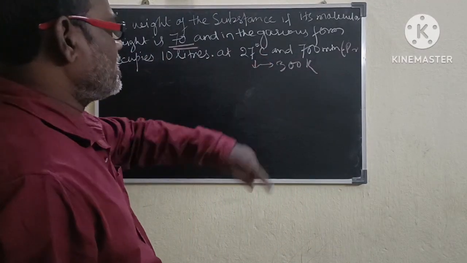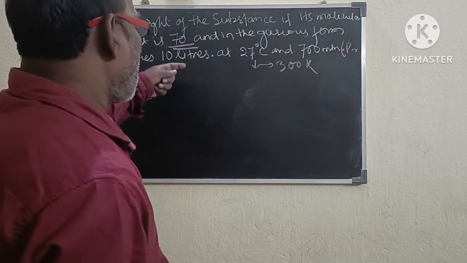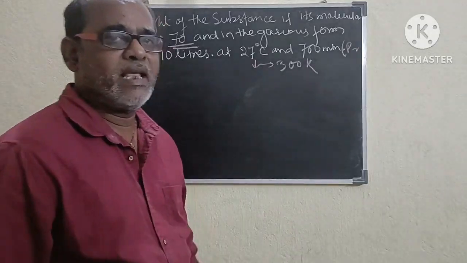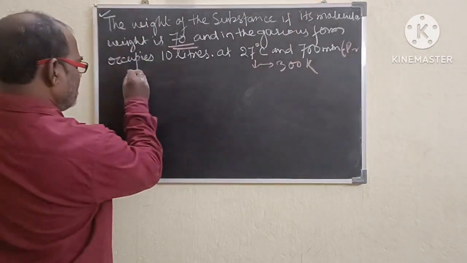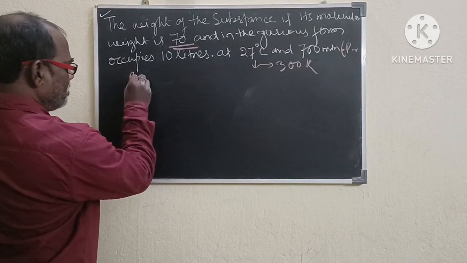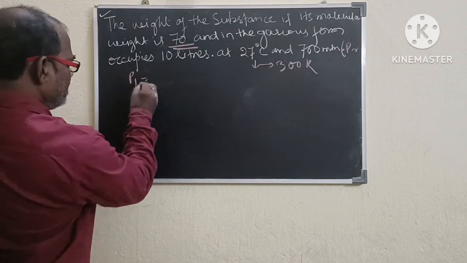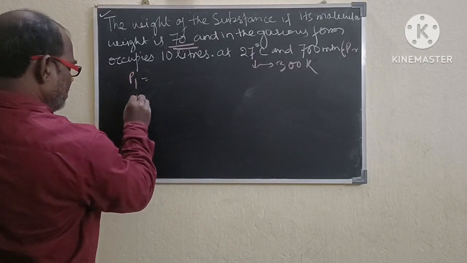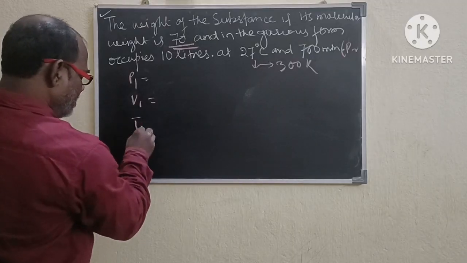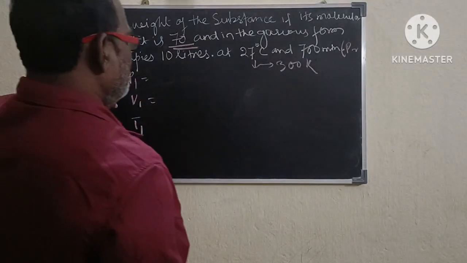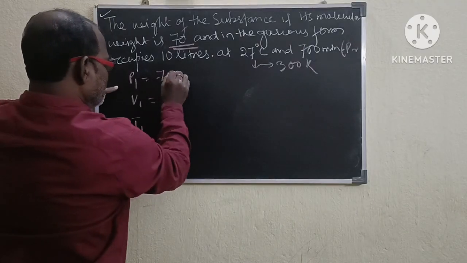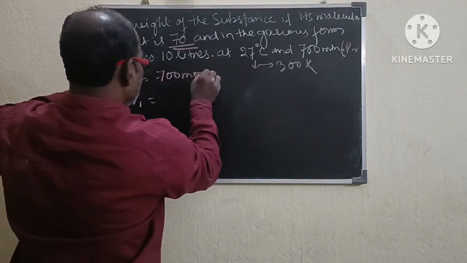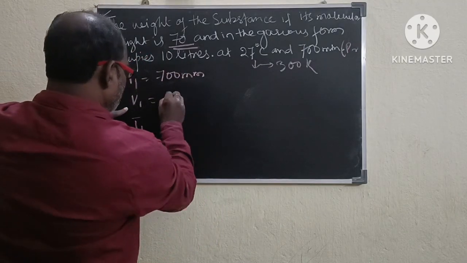Now at STP, first we have to find out how much volume it occupies at STP. So we know that here the initial pressure P1, volume V1, temperature T1. Here pressure is given as 700 millimeter. Volume is given as 10 liter.